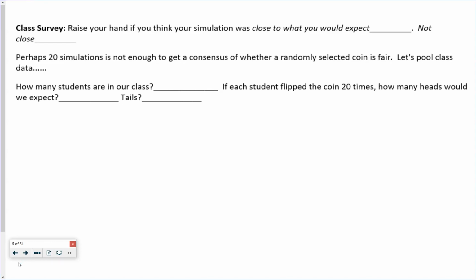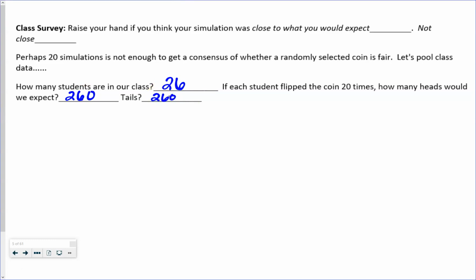So let's get a census of what it would be if I took the results of the entire class. Obviously, we can't do that right now, so I'm going to use some results from a previous class. That class had 26 students. If each student flipped the coin 20 times, we would expect to get 260 heads and 260 tails.